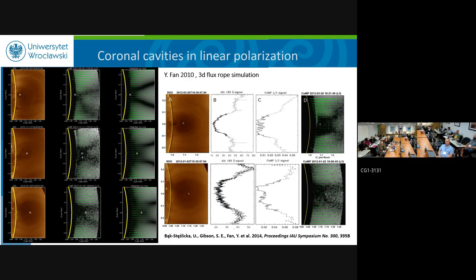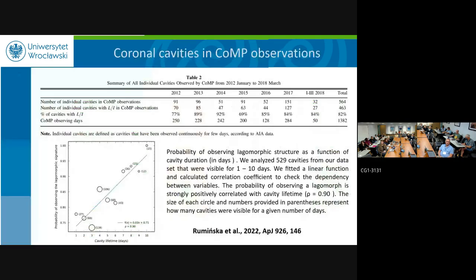And on the right, you can see that we can also compare the width of the structure. On the left, AIA, on the right, linear polarization. These are profiles, polar angle cuts through the cavity and through the lagomorphic structure, and we can define the width and show that they match each other very well.